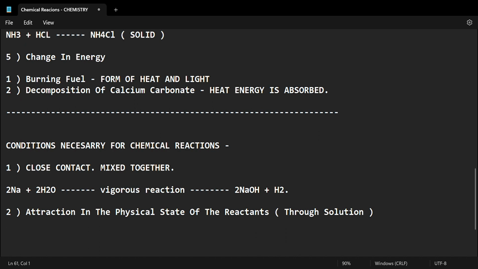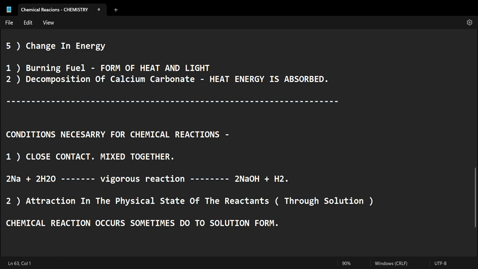Sometimes a chemical reaction occurs due to solution form. Now let me give you an example. When sodium chloride and silver nitrate react with each other in aqueous solution form to produce a precipitate, which is silver chloride.